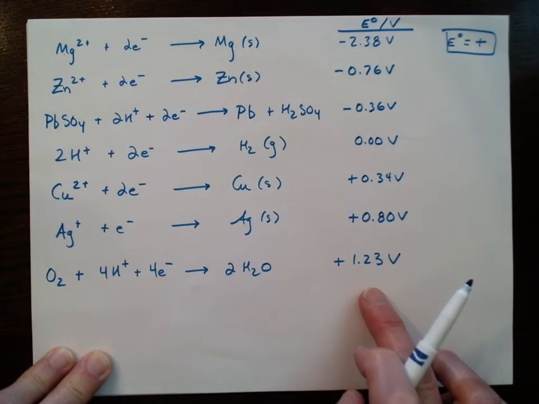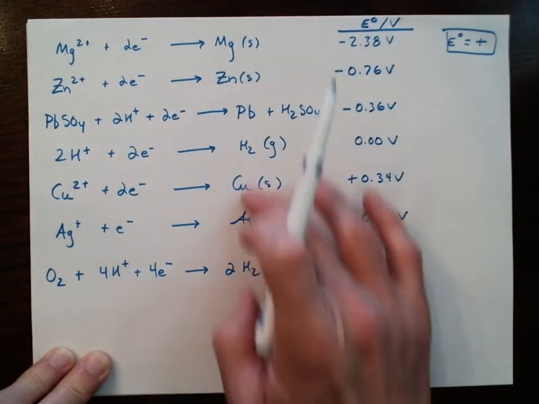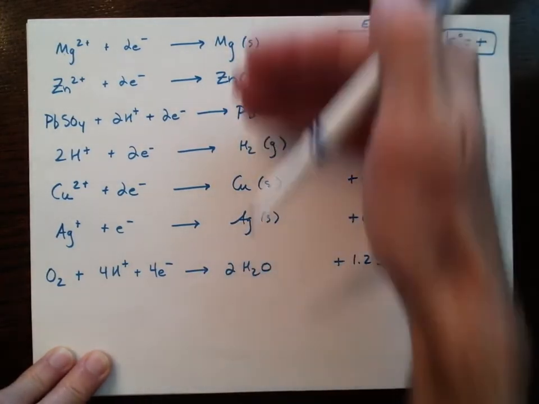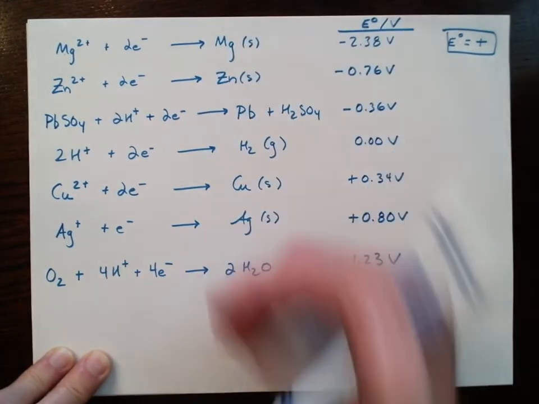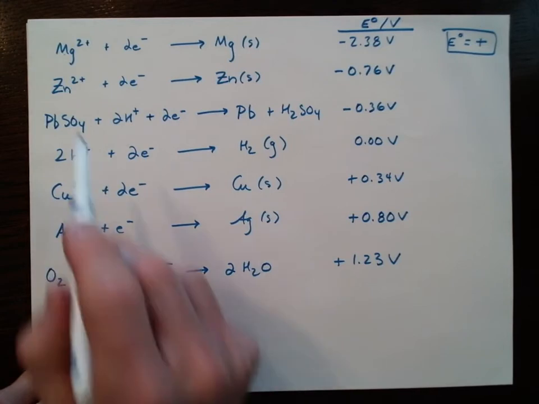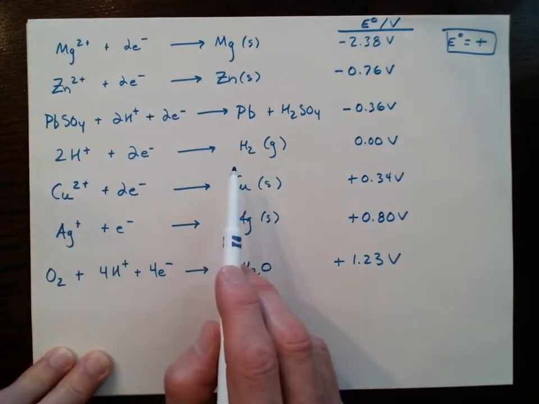potential for this process. What you have to recognize is that for any redox reaction, you're going to have to link together, they sometimes use the word couple, 2 of these half reactions. Because every time a reduction is going on, there's got to be an oxidation happening somewhere else.